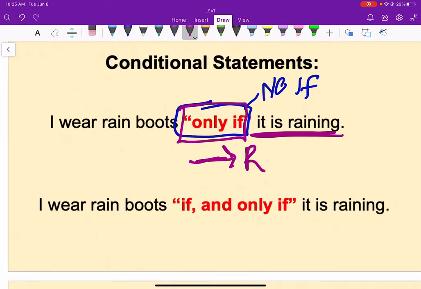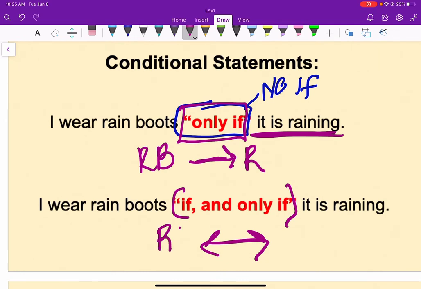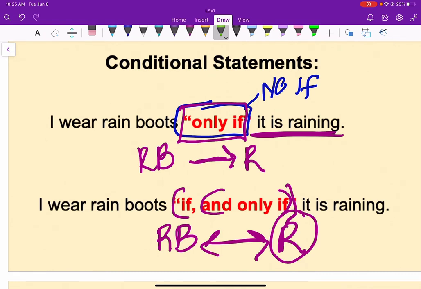If I wear rain boots, it's going to be my sufficient. Where if and only if, since it introduces both, it's actually a double arrow. And so what this means is if I wear rain boots, if and only if it's raining. And so that means that if I'm wearing rain boots, it's sufficient for knowing it's raining. Or I actually could write this the other way and say, if it's raining, I must be wearing rain boots.